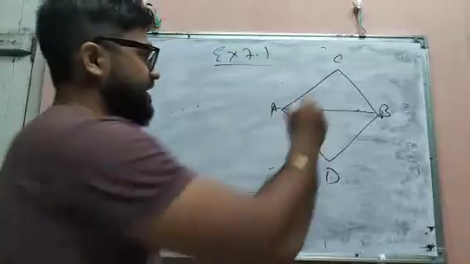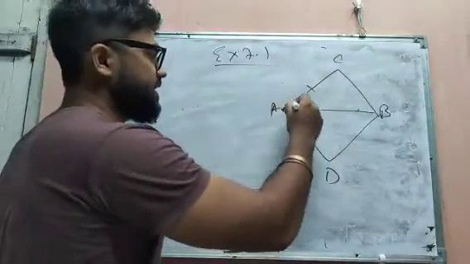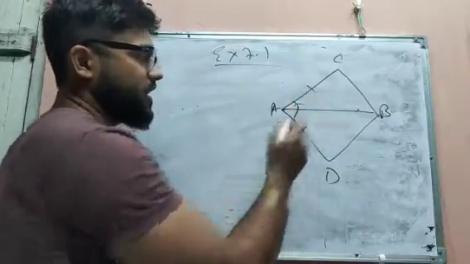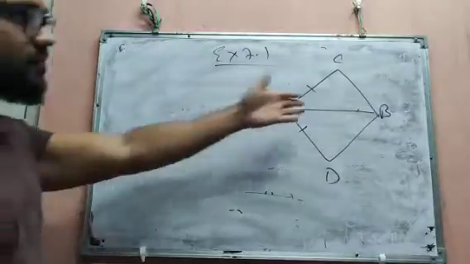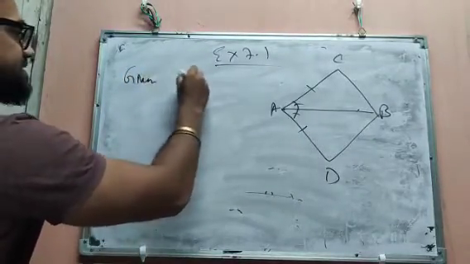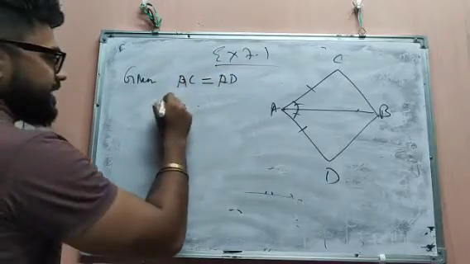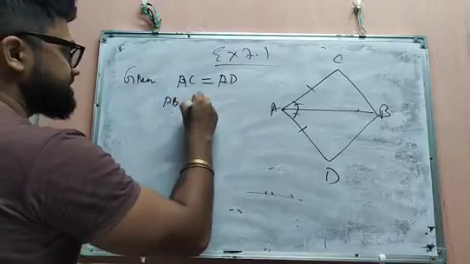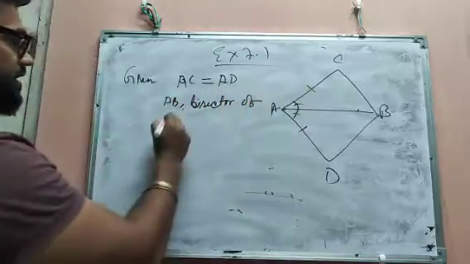Here one condition is given: AC and AD are equal, and AB is the bisector of angle A. So given, AC equal to AD, and AB bisector of angle A.